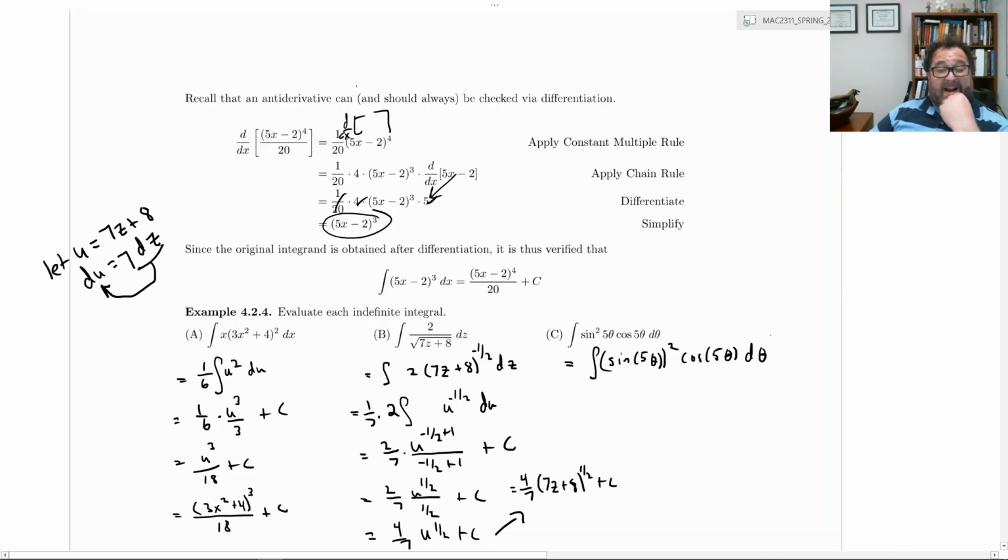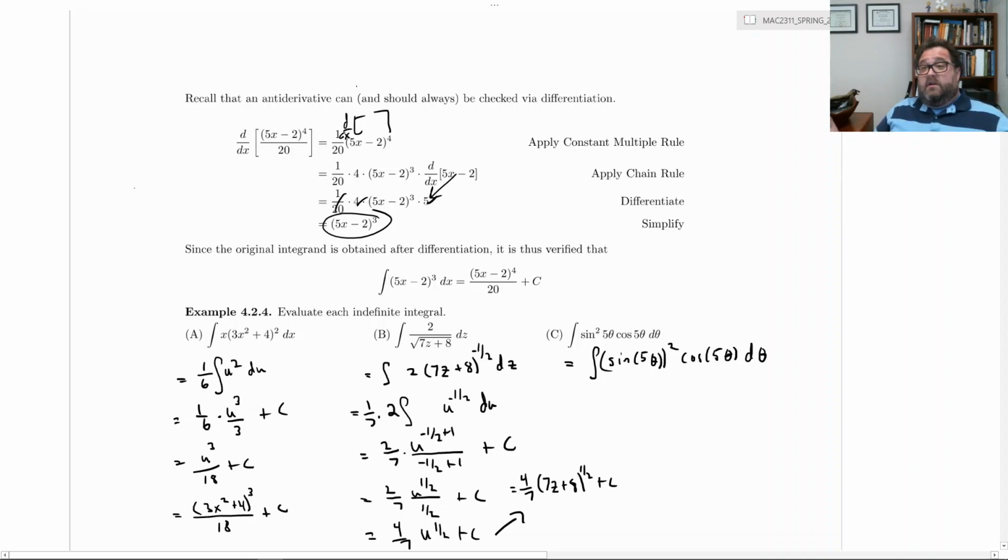Now, I think if you write it like that, it's good, because this kind of tells you what your substitution should be. Your substitution should be the inside function of that quadratic term, the squared term. So let's see what happens if we do that. If you try to make your substitution something else, it might work or might not work.